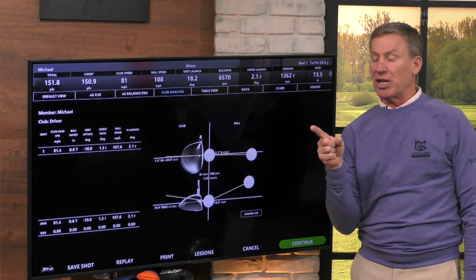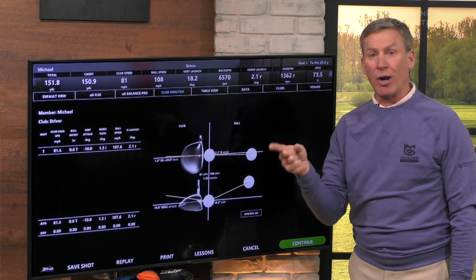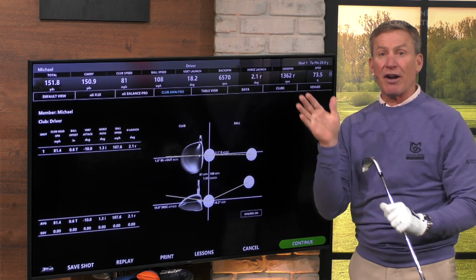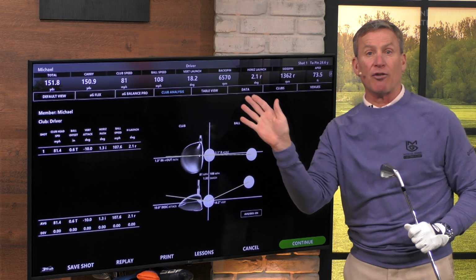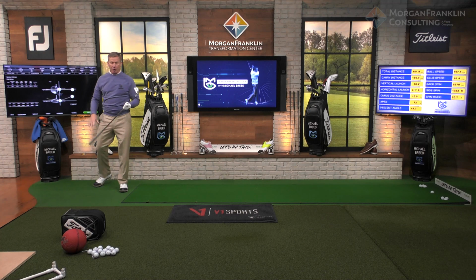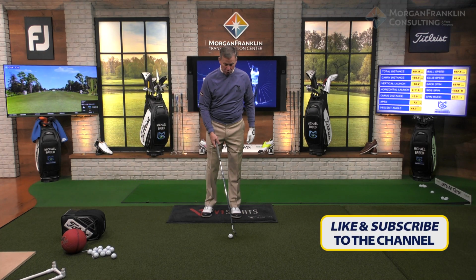So the path was out 1.3, but the ball started 2.1, which means that I had a right path, but I also had a face that was to the right of a right path, and the ball launched out that way.